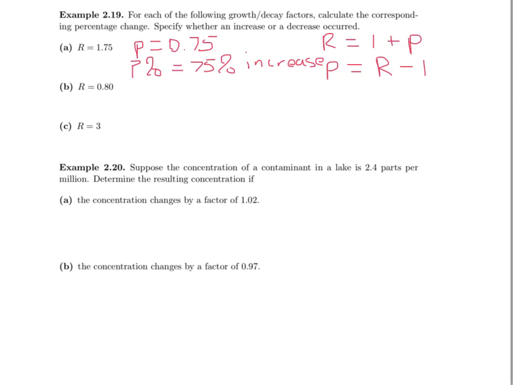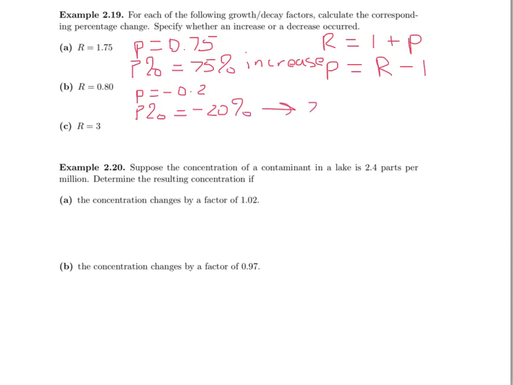Let's look at part B. R is 0.8. To calculate p, I take my R value and subtract 1. This gives negative 0.2. Therefore, written as a percentage, this is negative 20%.